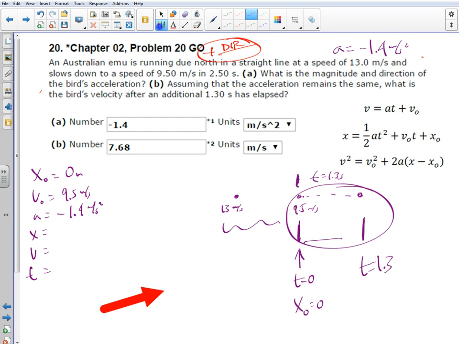Negative. Don't forget that. Final position, I don't know it. They don't give it to me, so that's going to be my unknown again. Final velocity, I think that's what they want. What is the bird's velocity after 1.3 seconds? So I'm starting a whole new problem in that second part of the motion.